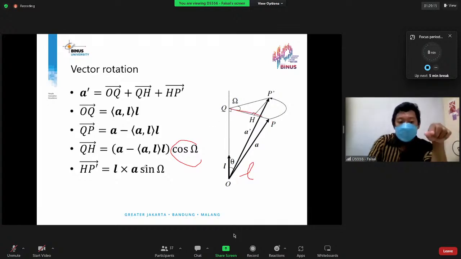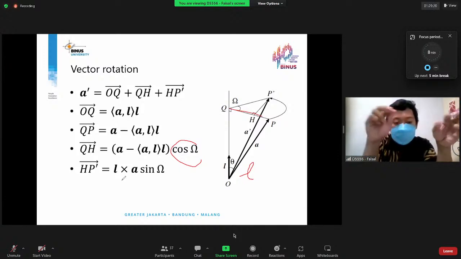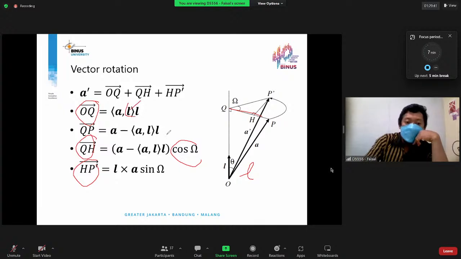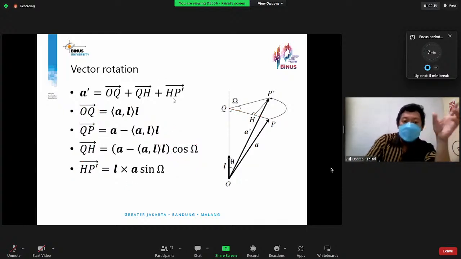We can prove that HP' is L cross A, so we cross the two vectors L and A, then multiply with sin omega. So we can compute OK, KH, and HP', all using inner product, projection, rejection, and cross product. So this is the vector rotation.